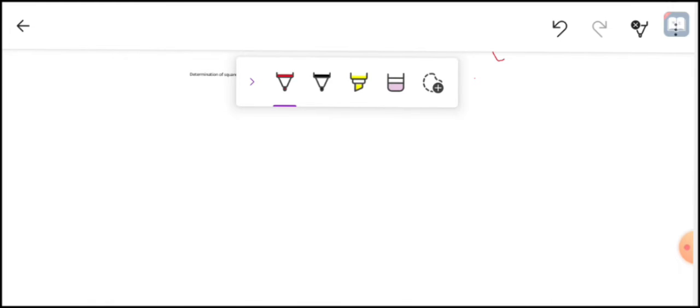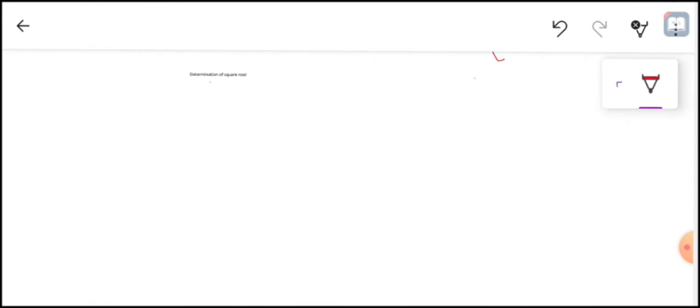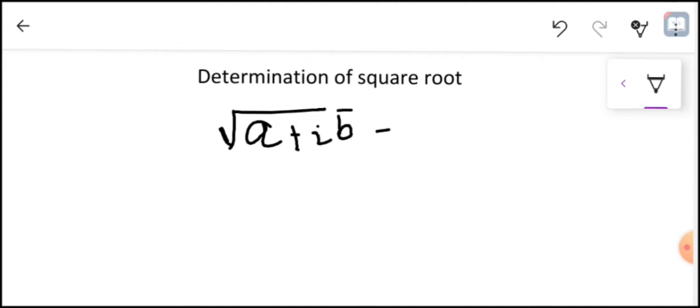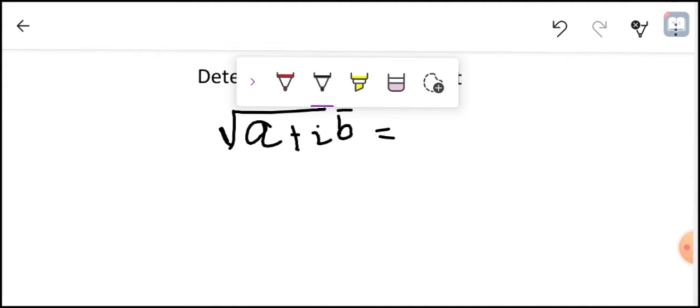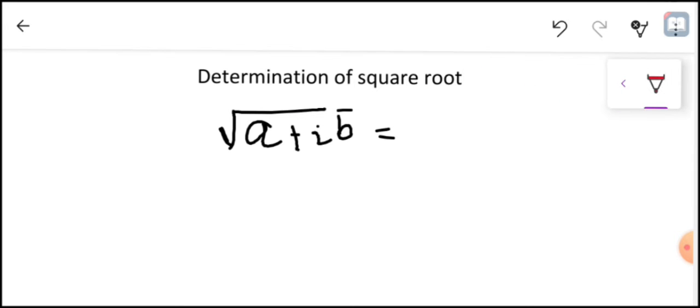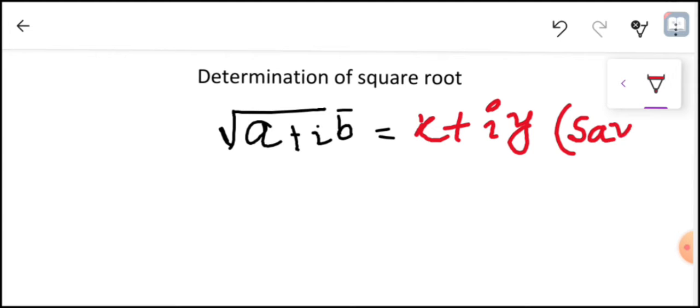Let's suppose the square root of a plus ib is equal to x plus iy, providing x and y belong to real numbers.